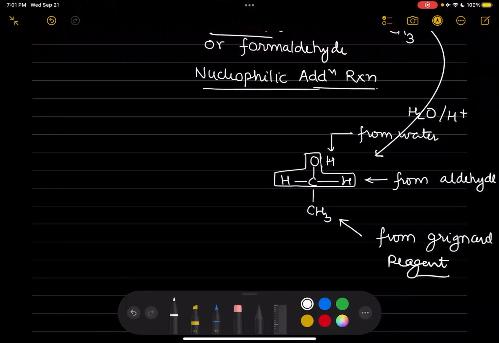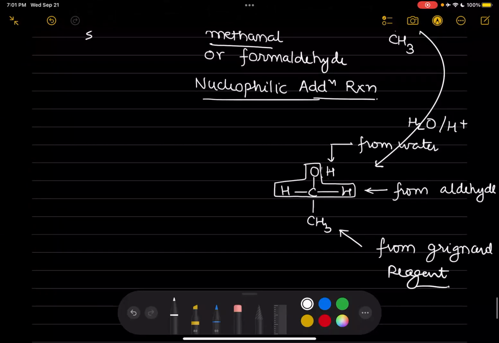Is it clear? So if you react the smallest aldehyde with a Grignard reagent, you are going to get a primary alcohol, with one carbon atom extra, with one methyl extra.